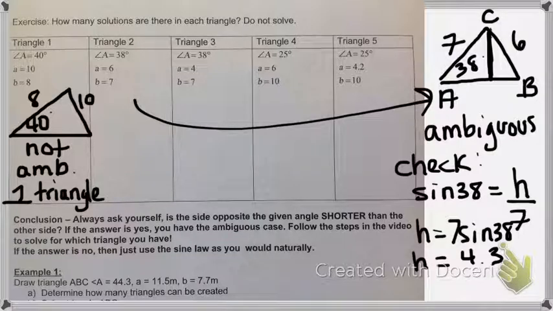H is 4.3. Okay, now compare. 4.3 and 6. The height of the triangle is shorter than 6. Well, that means that the side length of 6 can actually be drawn 2 ways. I'm going to show you how that's going to work on a new slide.